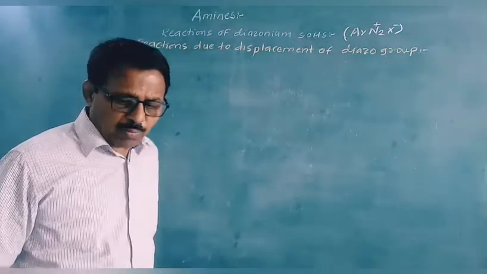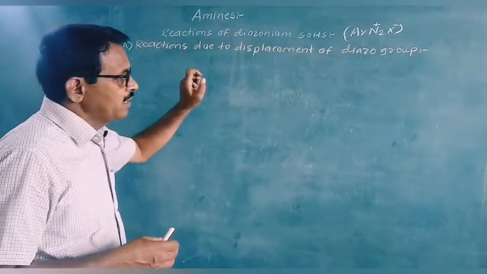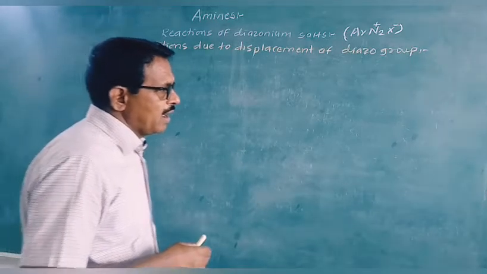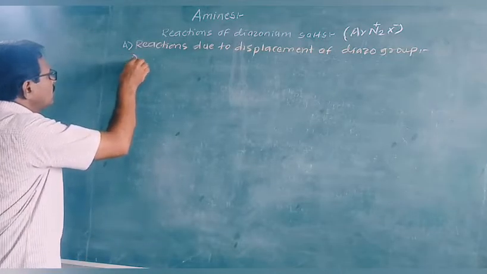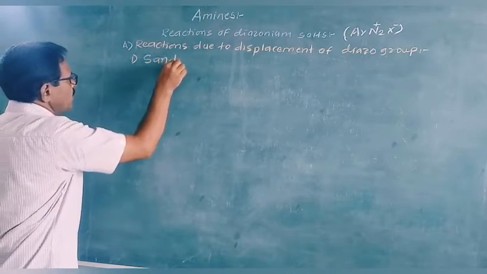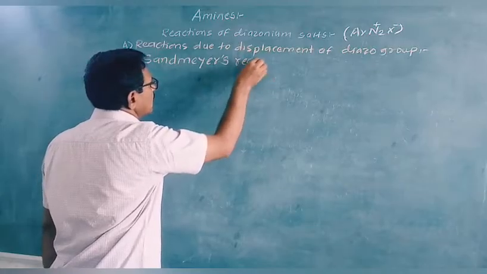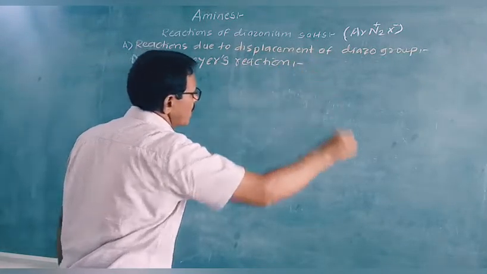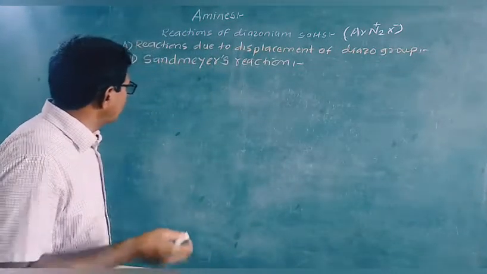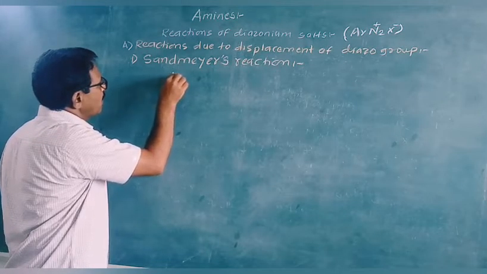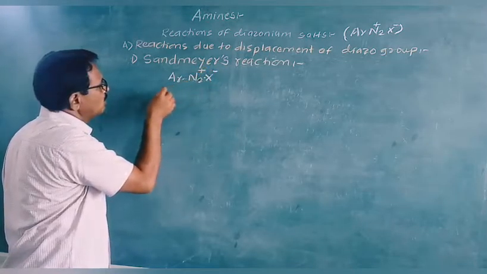First of all, we will see the replacement of the diazo group by Cl, Br, and CN, and that reaction is known as Sandmeyer's reaction. The first reaction is Sandmeyer's reaction. Here I am going to take a general example, ArN2X, an aryl diazonium salt.